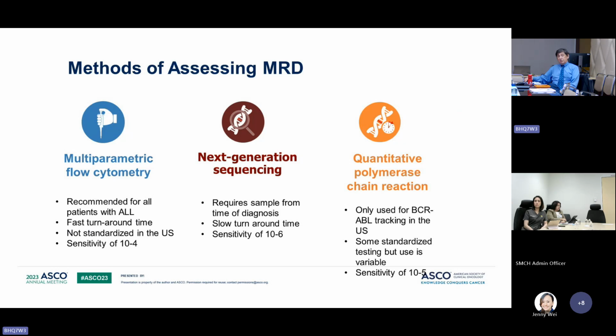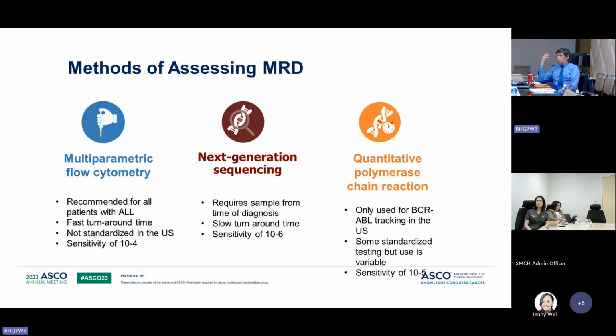How do we look for them? As I said in that first slide, if we're looking for deep sequencing, again, under the microscope, I can pick up 1 in 20, or 5%. Using cytogenetics, I can maybe get 1 in 200.